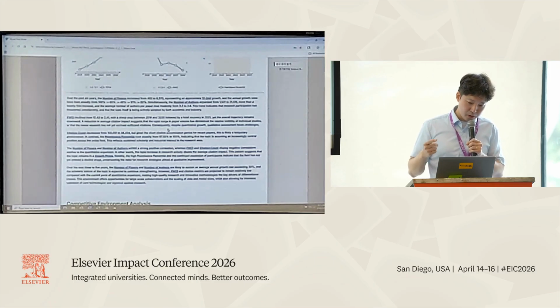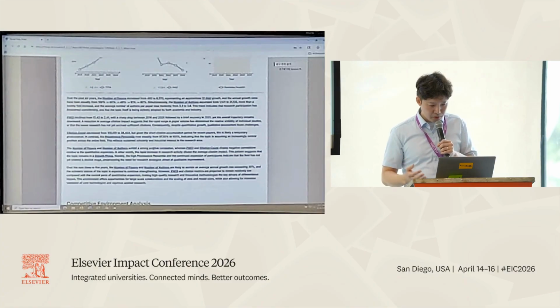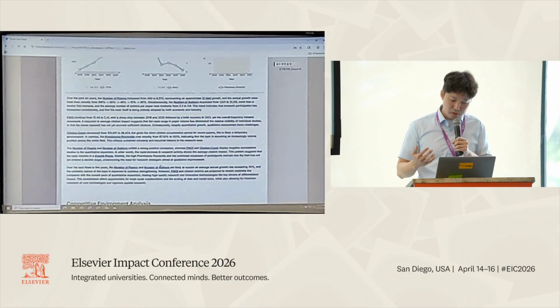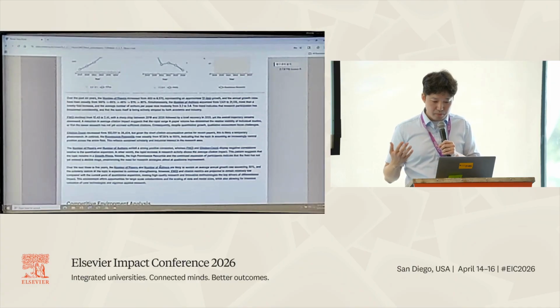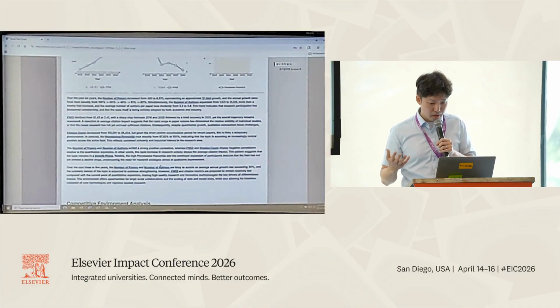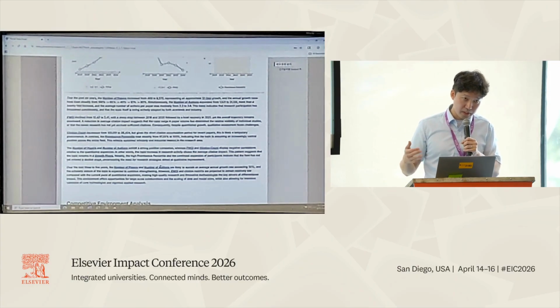And the AI also points out that the drop in citation count is likely a temporary phenomenon, given the short citation accumulation period for recent papers. And prominence percentile rose from 97 to 100, indicating the topic is assuming an increasingly central position across the entire field.